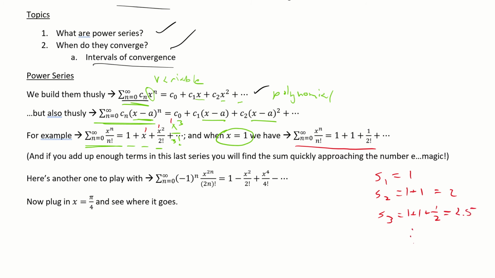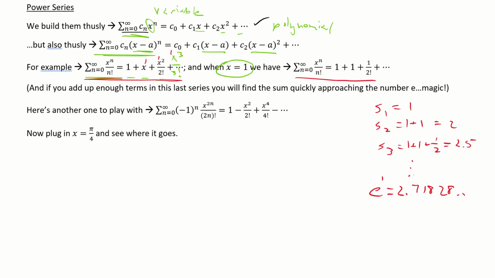But the magic is, eventually you are heading towards e, which is equal to 2.71828, etc. No one's proving that to you right now. I'm just saying that's where it goes. Interesting. A polynomial, you plug in 1, and it heads towards e, actually e to the 1. What you're going to learn after this next test is that this is actually the series for the exponential e function. Okay, and we'll get to that.